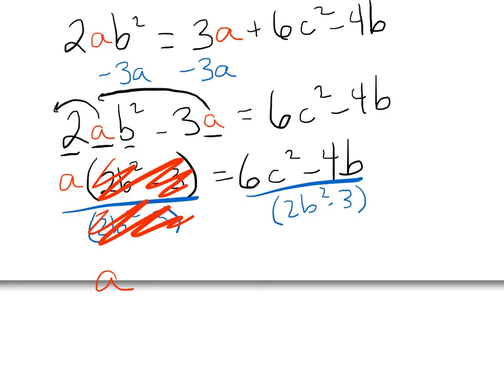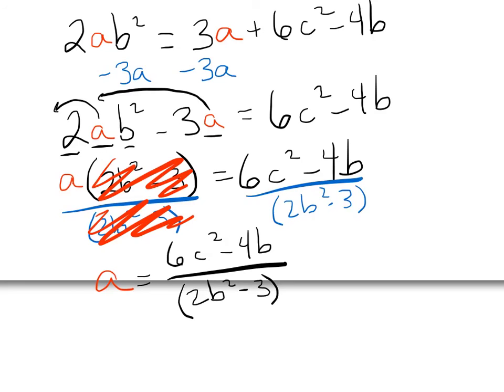So a is going to equal 6c squared minus 4b all over 2b squared minus 3. And again, you can have parentheses there, but they're not necessary. It's up to you, and that would be your answer.